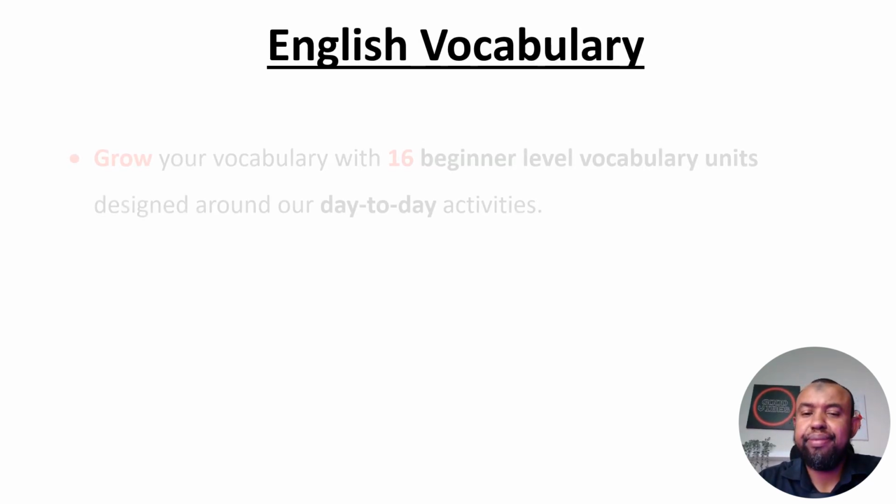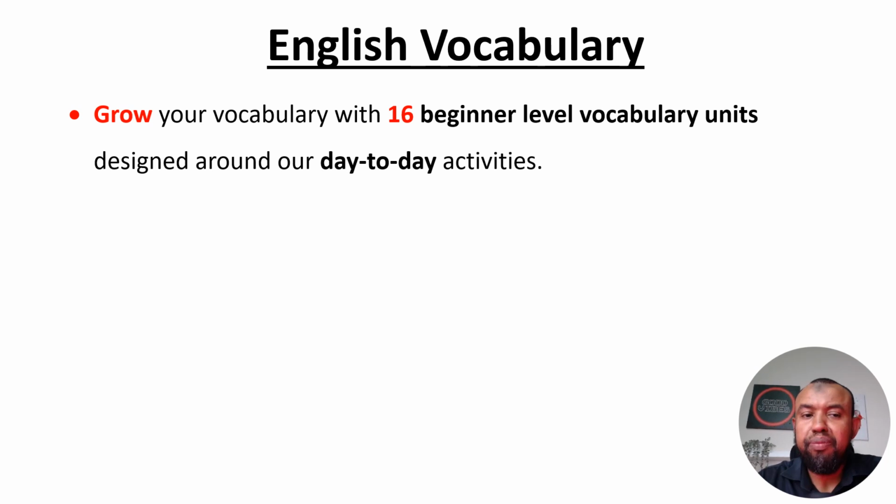So what about the English vocabulary section? Let's look at it. In the vocabulary section, you will have the chance to grow your vocabulary with 16 beginner level chapters. So how many units do we have? 16 chapters. The purpose of these chapters is to help you with our day-to-day activities.